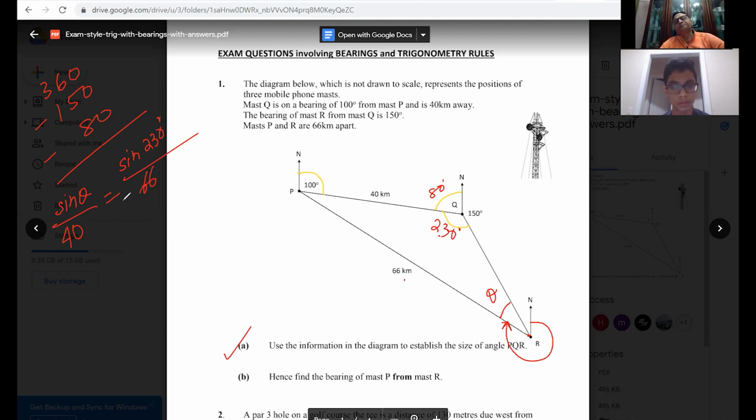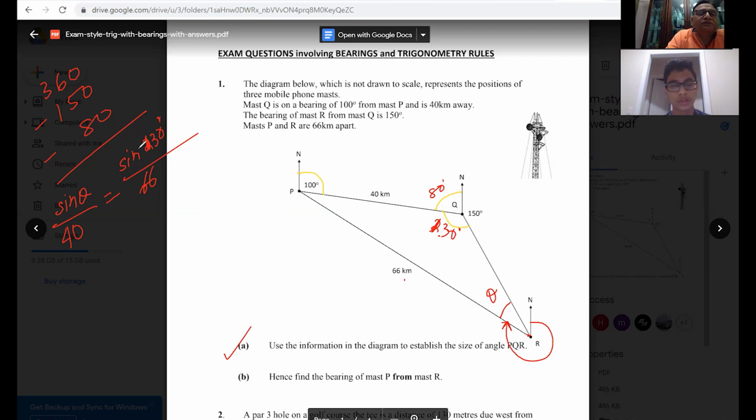Is that clear to you? And then we just solve for theta. Oh, it is not 230, sorry, it is 130. That's my fault. Yeah, 130. Correct.